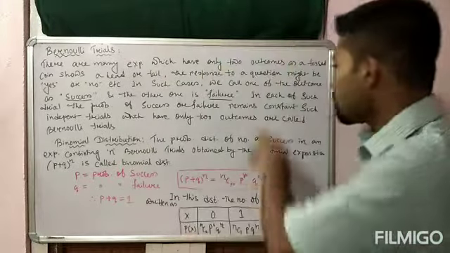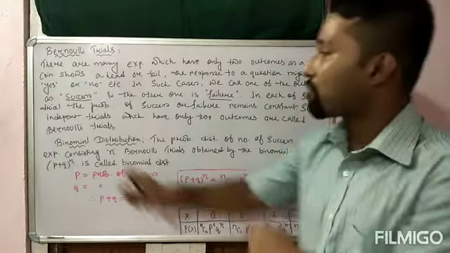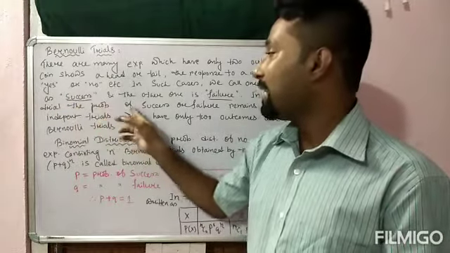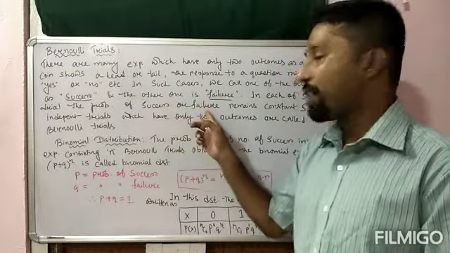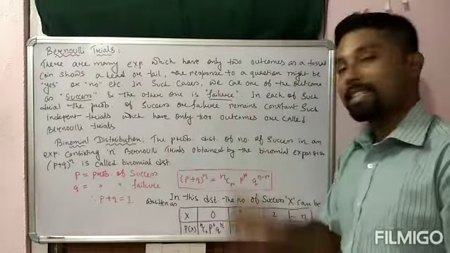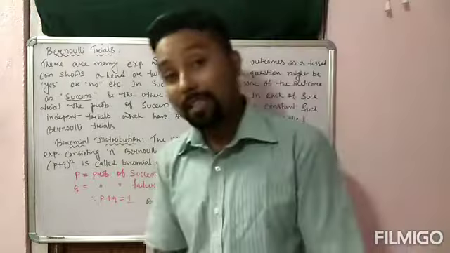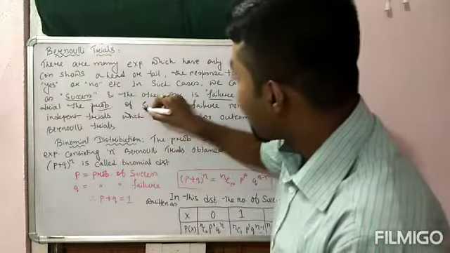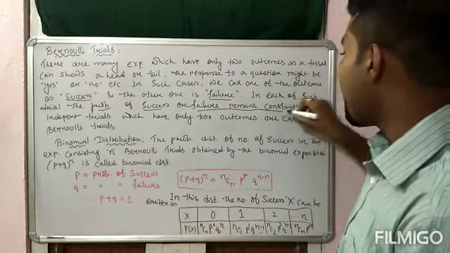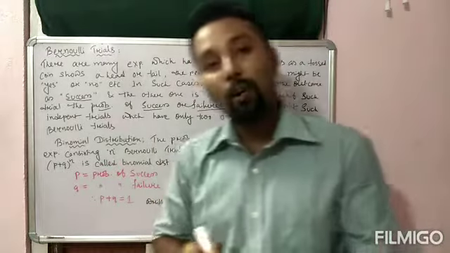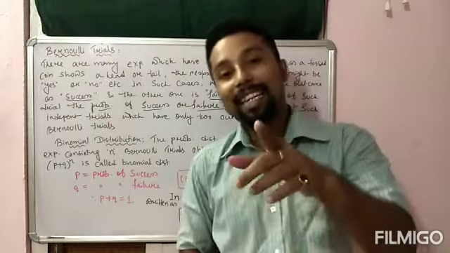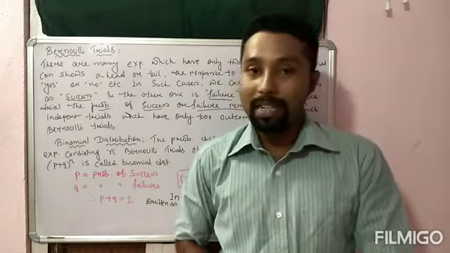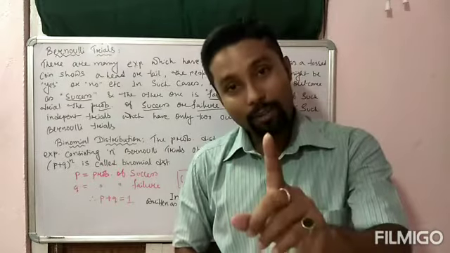Okay. So in each such trial, the probability of success or failure remains constant. Suppose a coin is tossed, the probability of getting head is 1/2 and the probability of getting tail is also 1/2.